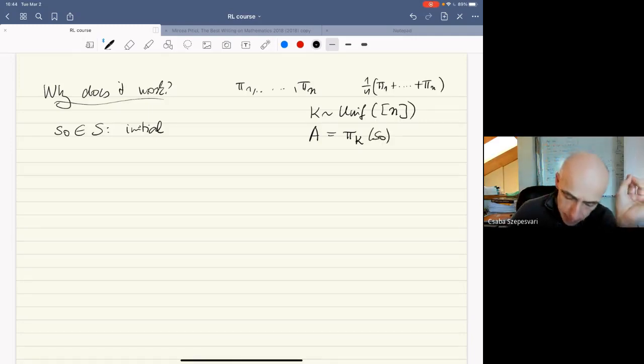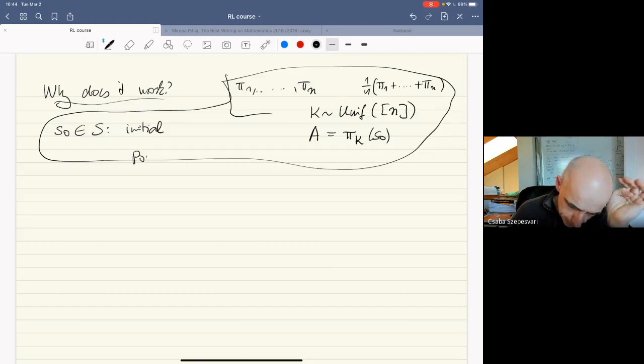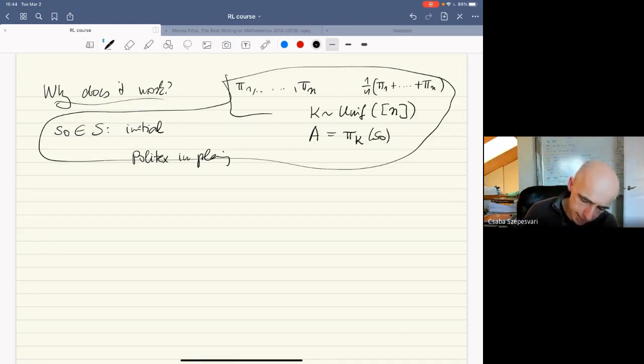So that's what the planner does. This is the Polytech planner. And at every initial state, at every state you encounter, you do this. So Polytech is a local planner. It induces a policy. Let's call the resulting policy pi.